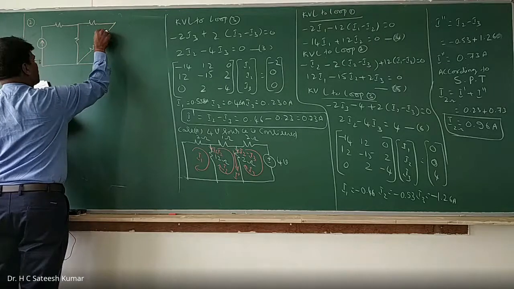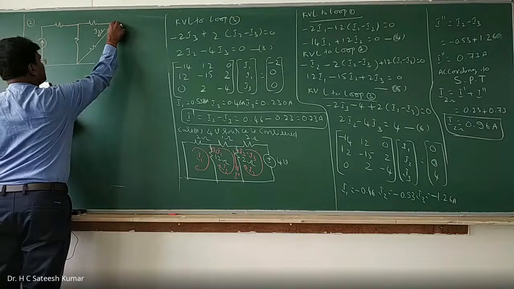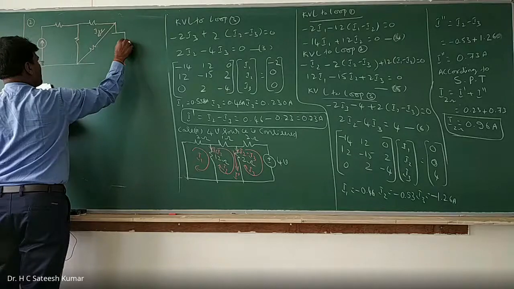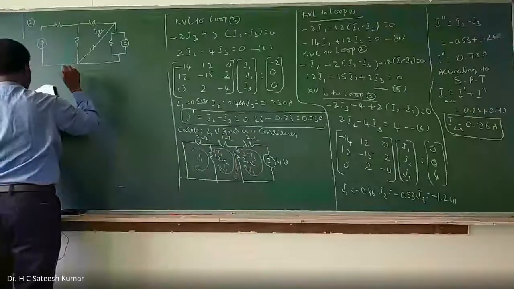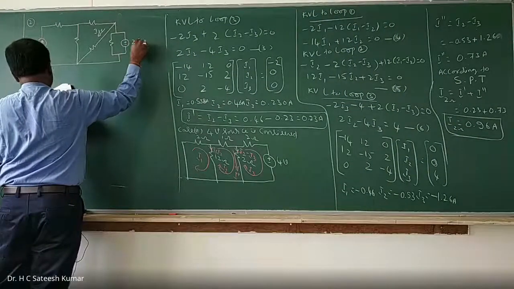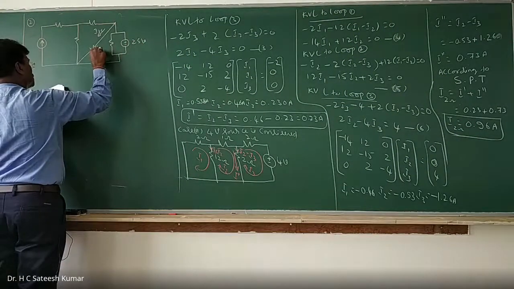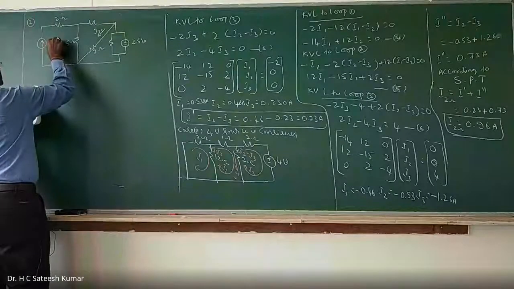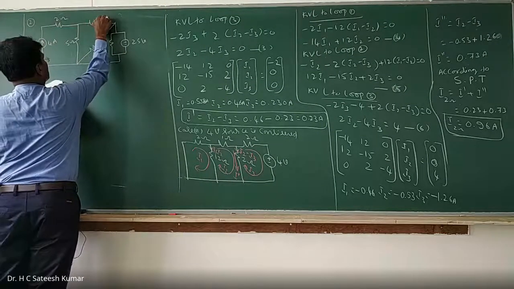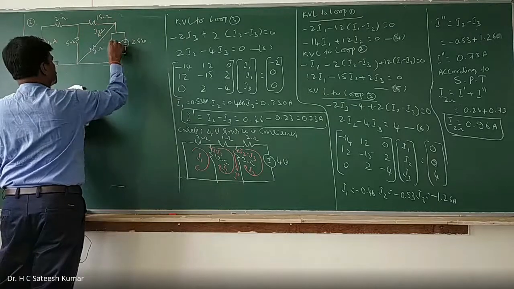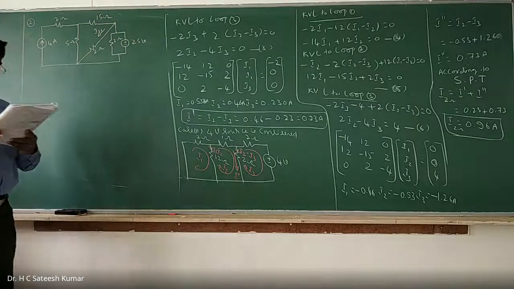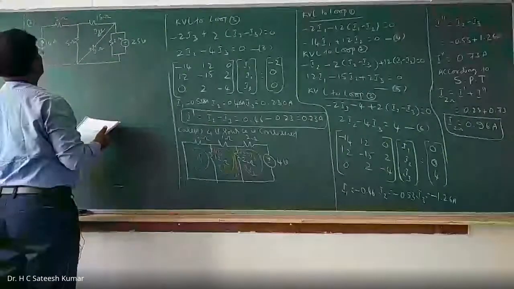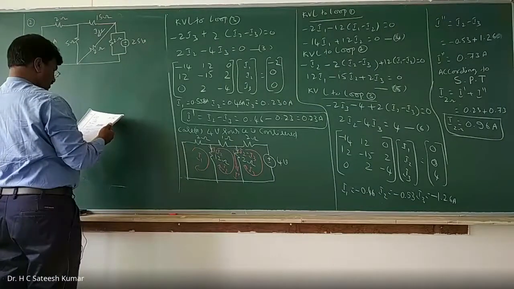This is called IX. 25 volts, 2 ohms, 5 ohms, 2 ohms, 4 amps, 15 ohms, and this is 2 ohms. Okay. The question is: RL is equal to 20 ohms.